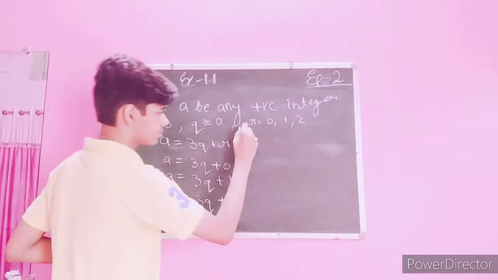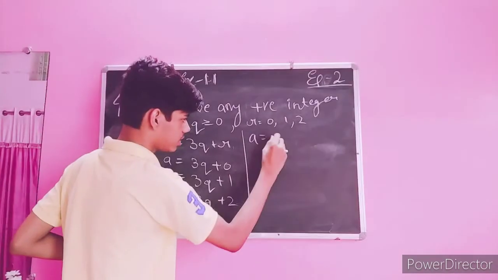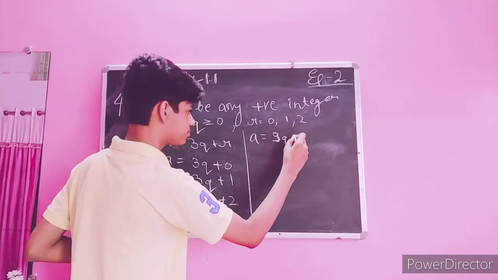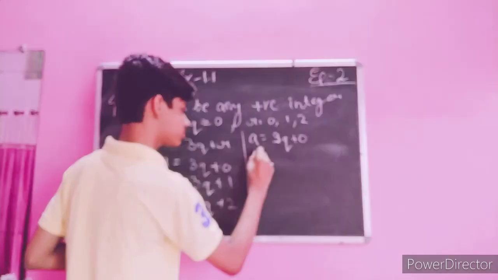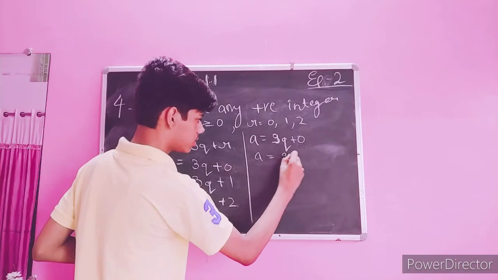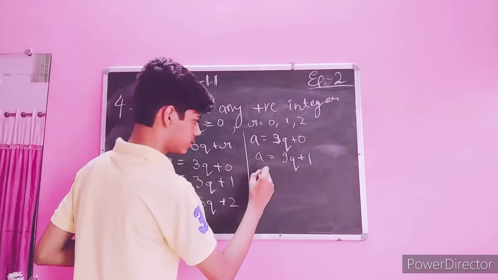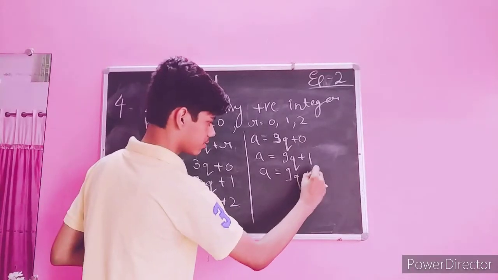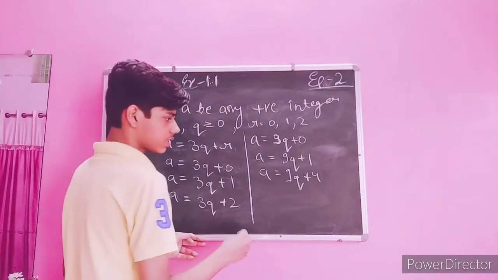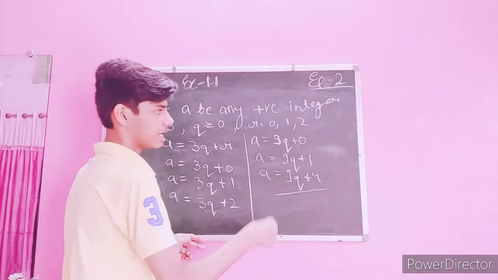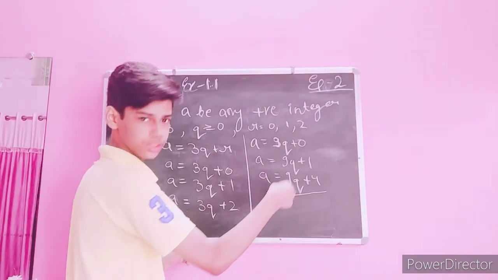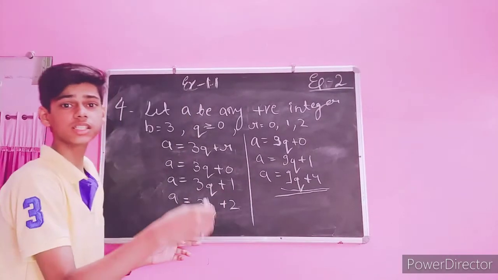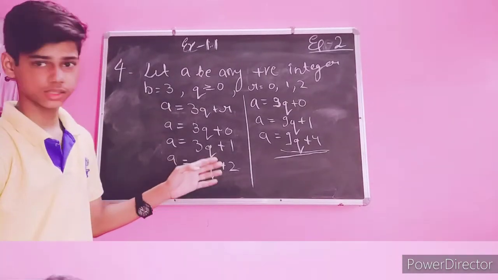So we have a squared is equal to 9q squared plus 0, a squared is equal to 9q squared plus 6q plus 1, a squared is equal to 9q squared plus 12q plus 4. Okay, so it is proven that the squares can be written in these forms, so that's our answer. We just need to square the numbers.